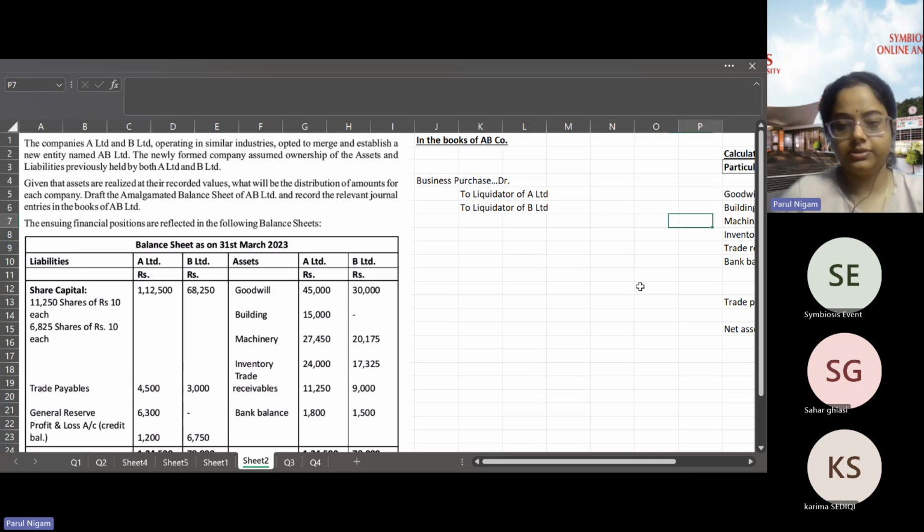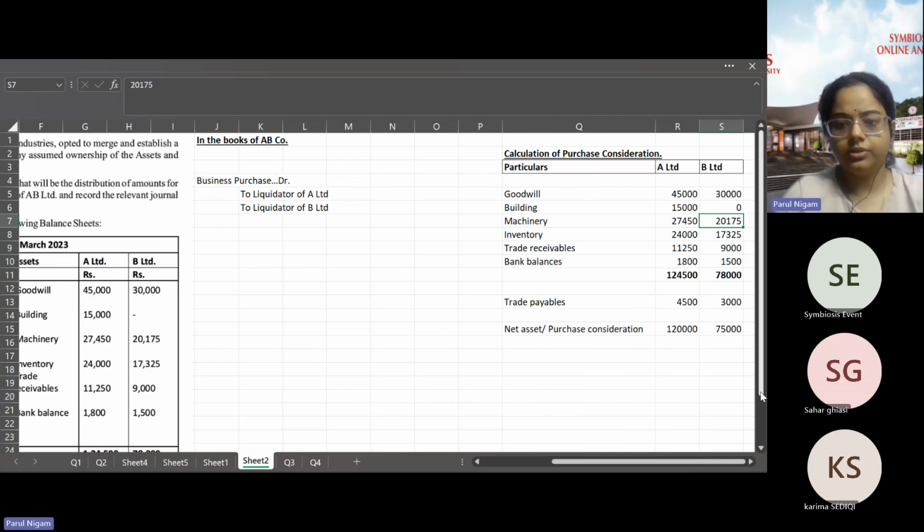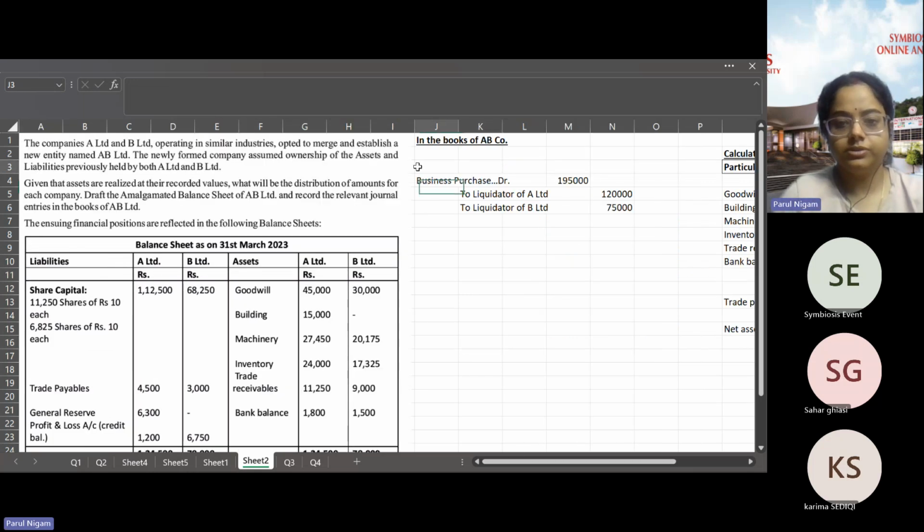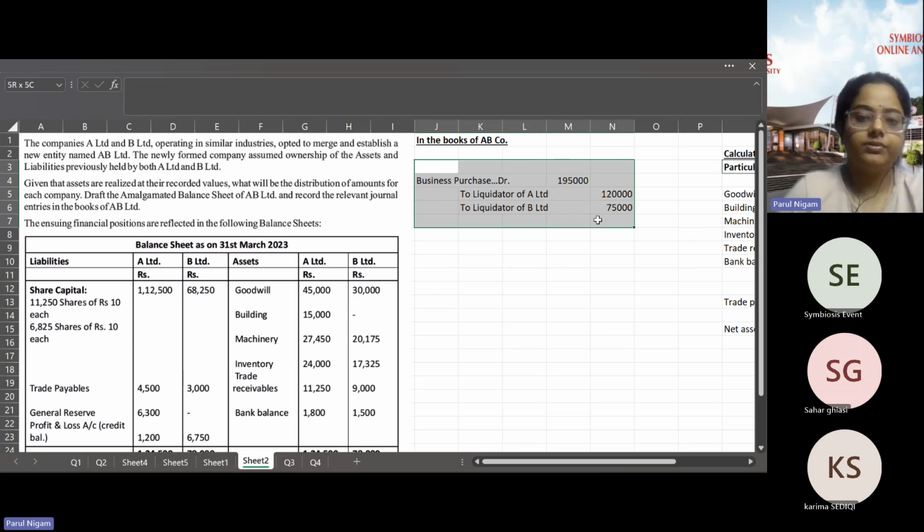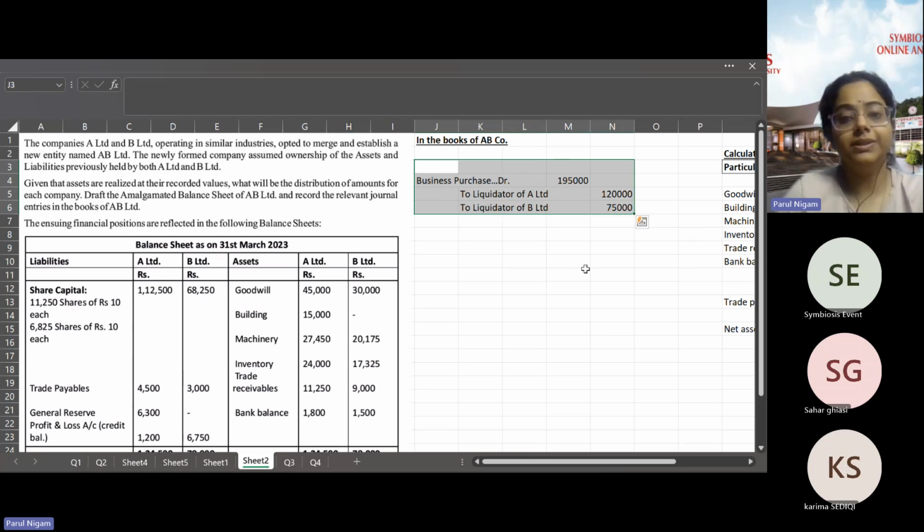You can see it from the purchase consideration working. To A Limited, you are going to pay 1,20,000. This is the purchase consideration. Then for B Limited, it is going to be 75,000. So the total amount will be 1,20,000 plus 75,000, that is 1,95,000. So business purchase account debit to liquidator of A Limited and liquidator of B Limited. Fine.